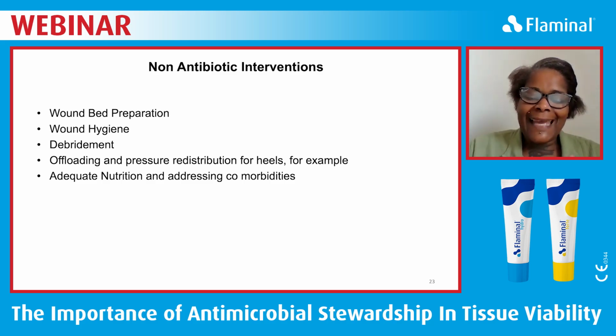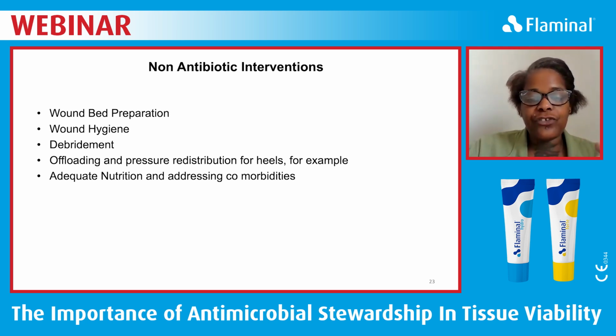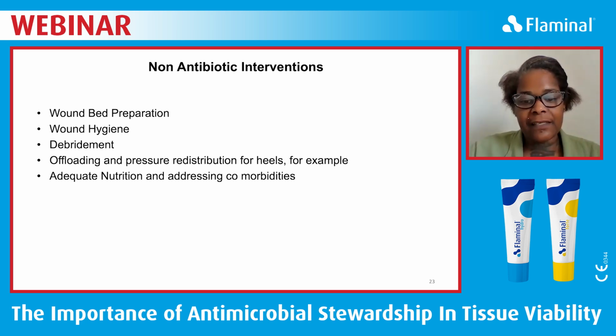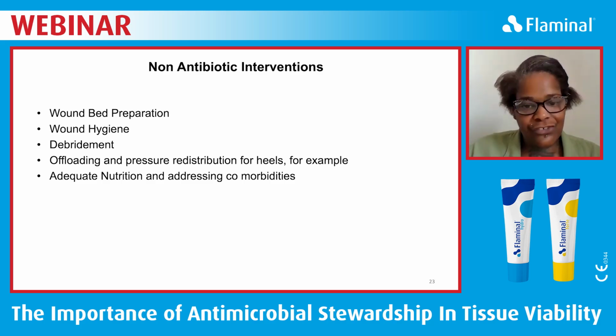Are we providing adequate nutrition for patients who are losing protein in excessive leg ulcer exudate? And are we addressing patient comorbidities, such as lifestyle, their ability to exercise, their ability to manage their diabetes and any other long-term conditions?